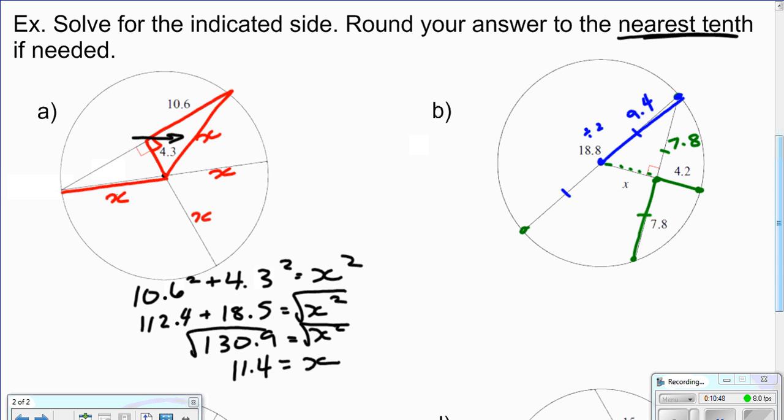So we get 9.4. Okay. And so we could use Pythagorean if you wanted to with the 9.4 and the 7.8. But hopefully you notice that this is also a radius. And x is the difference between the radius and 4.2. So radius take away 4.2. So the missing piece is 5.2.